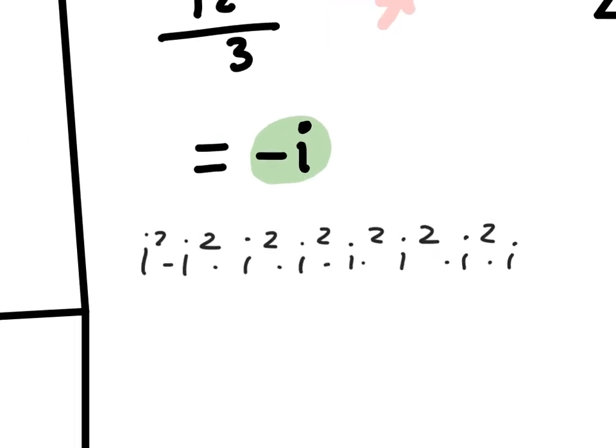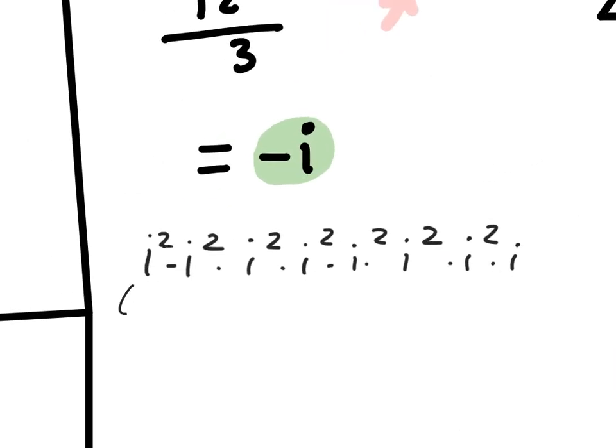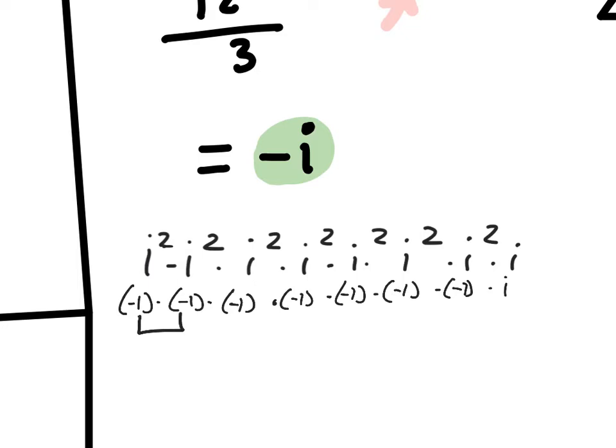Now we know that every time I have i squared, that equals negative 1. So negative 1 times negative 1 times negative 1 times negative 1, times negative 1 times negative 1 times negative 1 times negative 1, times i, because that's just an i there. So check it out. These negative 1s become 1. These negative 1s become 1.